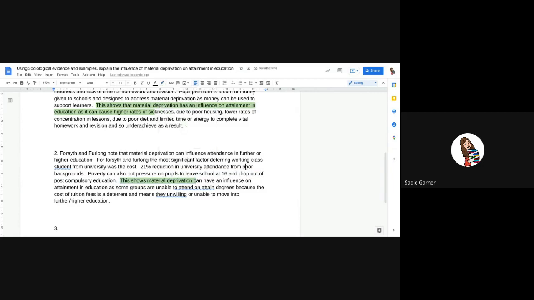You could note there as well, I know we haven't done policy yet for my first years, but you could note there as well that EMA, so educational maintenance allowance, again, was policy designed to encourage students from working class backgrounds to continue into further education.